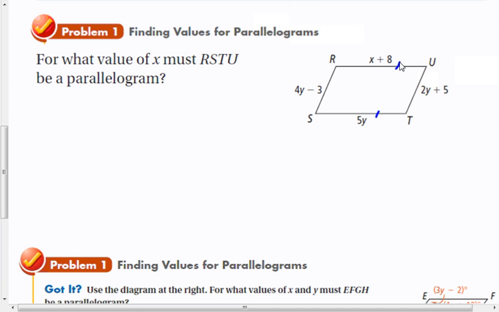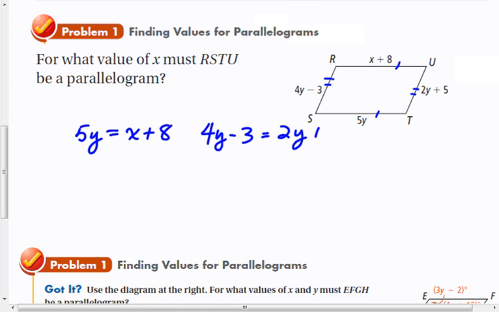And we should also have that those two would be congruent. And if that's true, then we can get some equations like 5y is equal to x plus 8, and 4y minus 3 is equal to 2y plus 5.